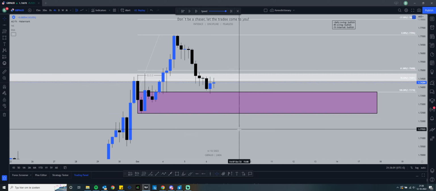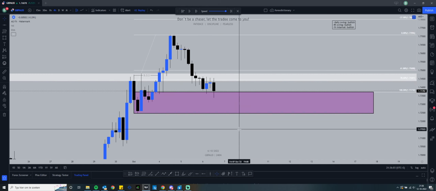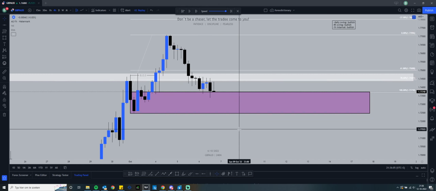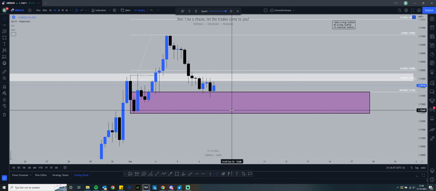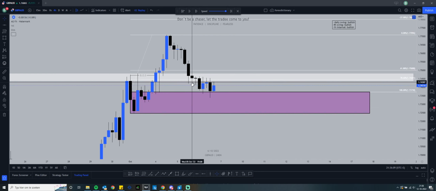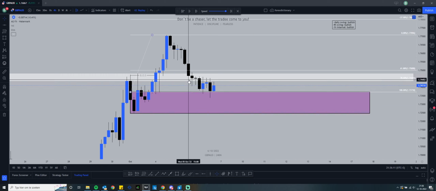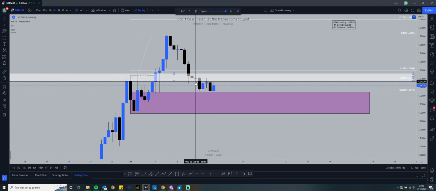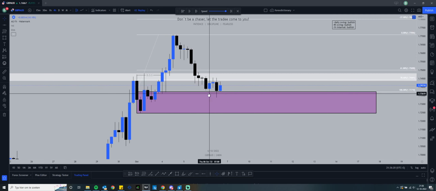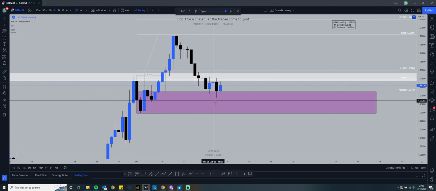So let's put it a little bit through. Currently there's nothing yet. Because we tap the zone, we see 1 candle, 2 candle, 3 candle. So you could have placed an order here looking for a deceleration entry, but for a deceleration entry, I would always like to see an opposite color candle.